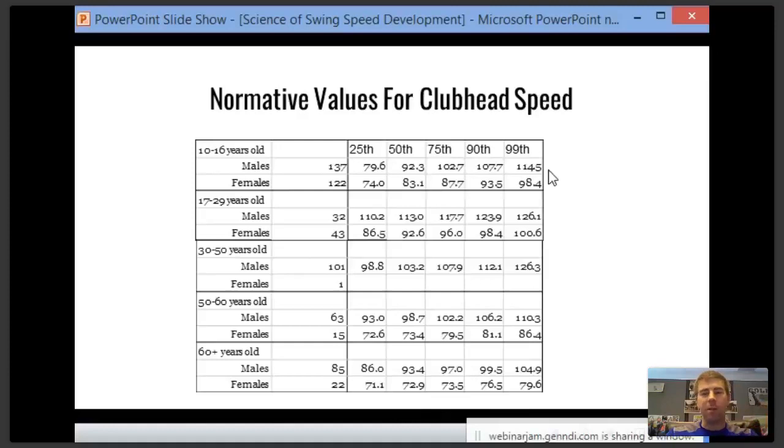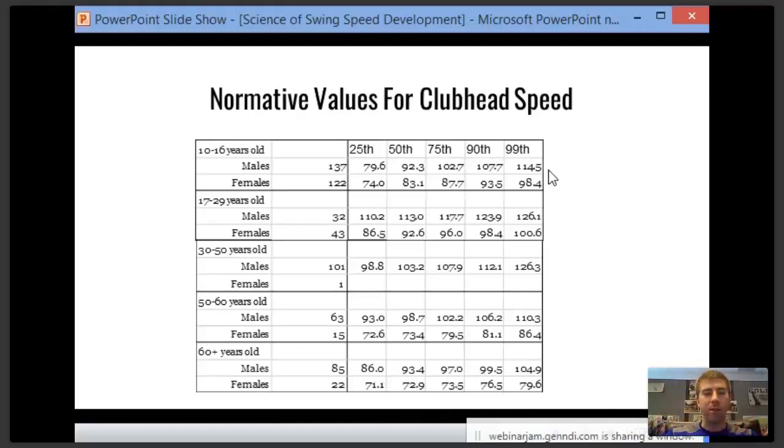But this at least gives you a general idea, where the 50th percentile would be considered average. For instance, the average 50 to 60-year-old male is going to swing about 98 miles an hour. As you age higher and lower, obviously the averages will change.